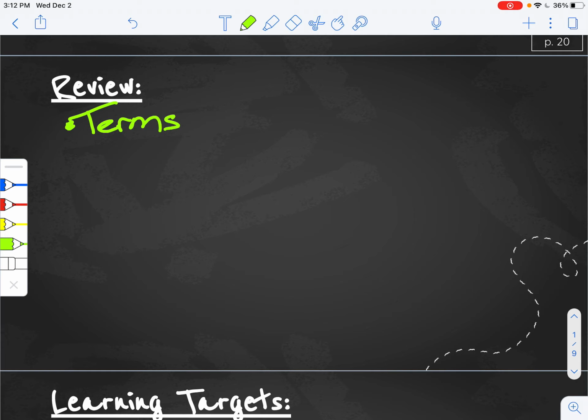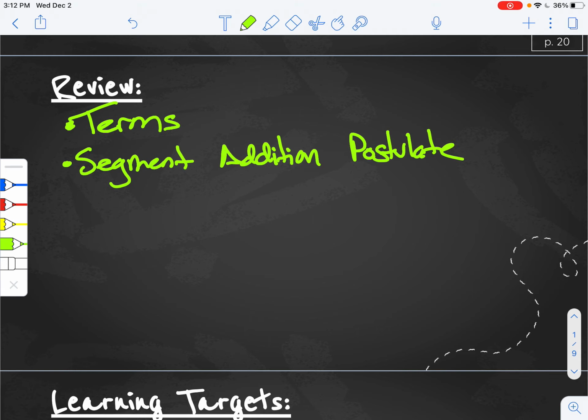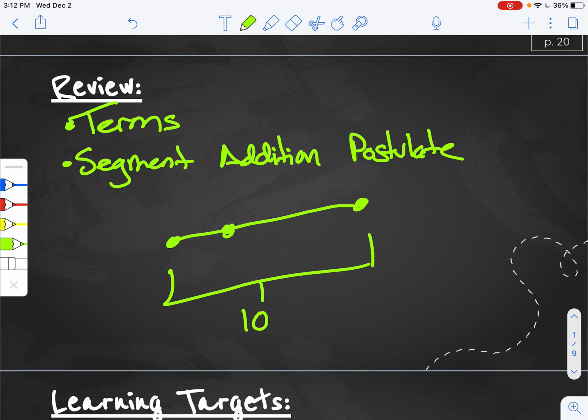And we have also looked at the segment addition postulate. And pretty much all that said was that if we have a segment and it's split up, and let's say we know that this whole segment is 10 and this little part of it is just 3, the segment addition postulate said that we are allowed to take the whole, subtract that part, and then we can figure out what this other part is.